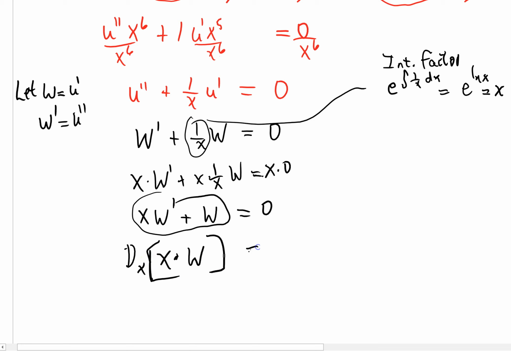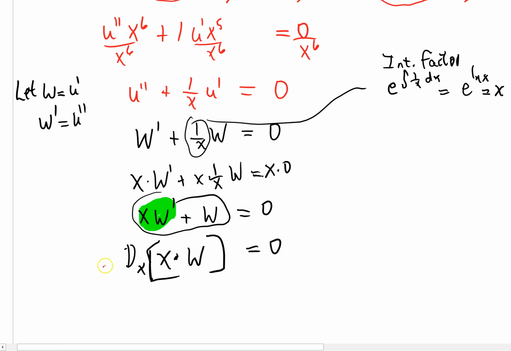Remember, we've done that so many times in the past. That's really from the product rule. And we're getting a tremendous hint right here. You know, the product rule is one function times the derivative of the other. That's your x times w prime. And sure enough, if you double check that, you're going to see you're good to go.